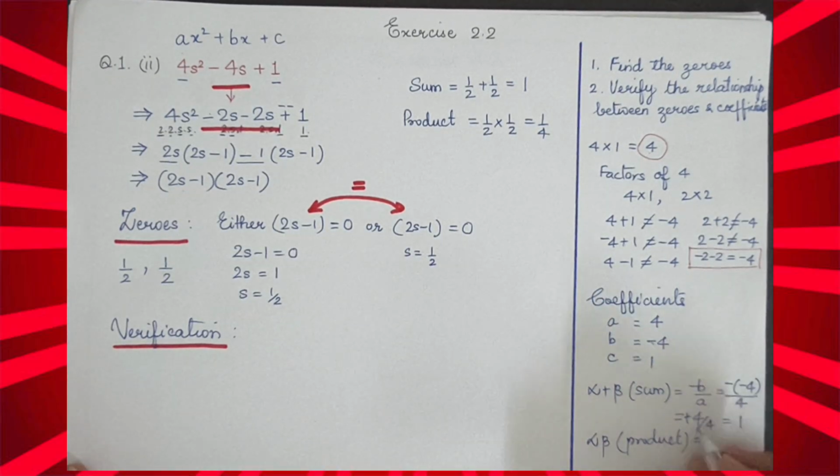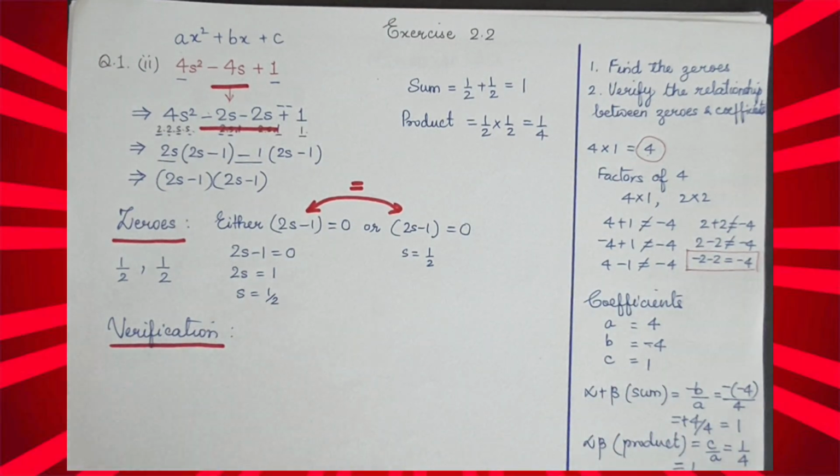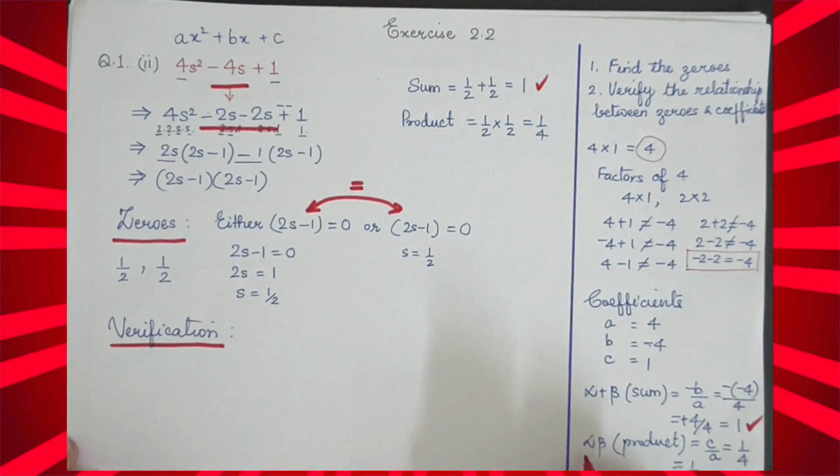Similarly, the product alpha into beta is given by c upon a. So c is equal to 1 and a is equal to 4, so the product comes as 1 by 4. Now we have found the sum and the product in two different ways: first using the zeros, and then using the coefficients.